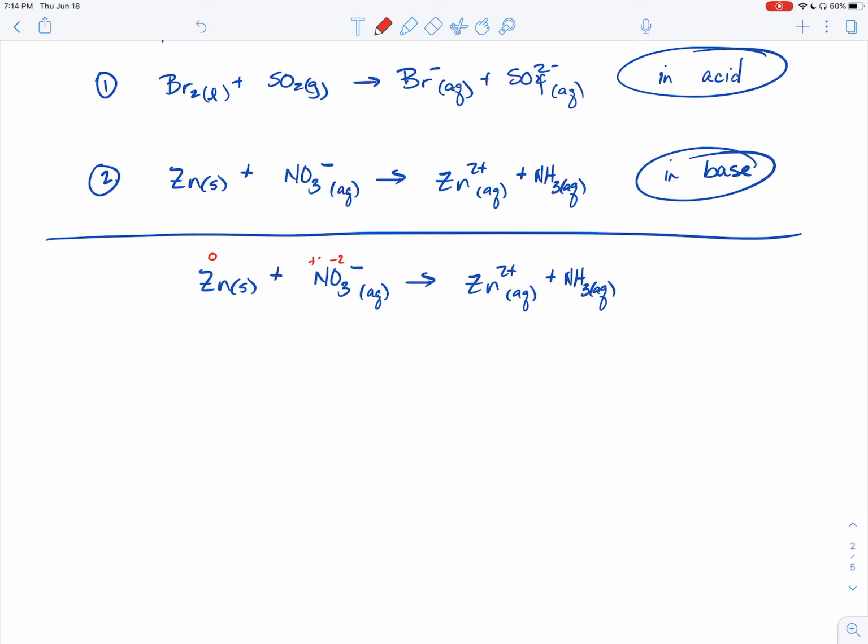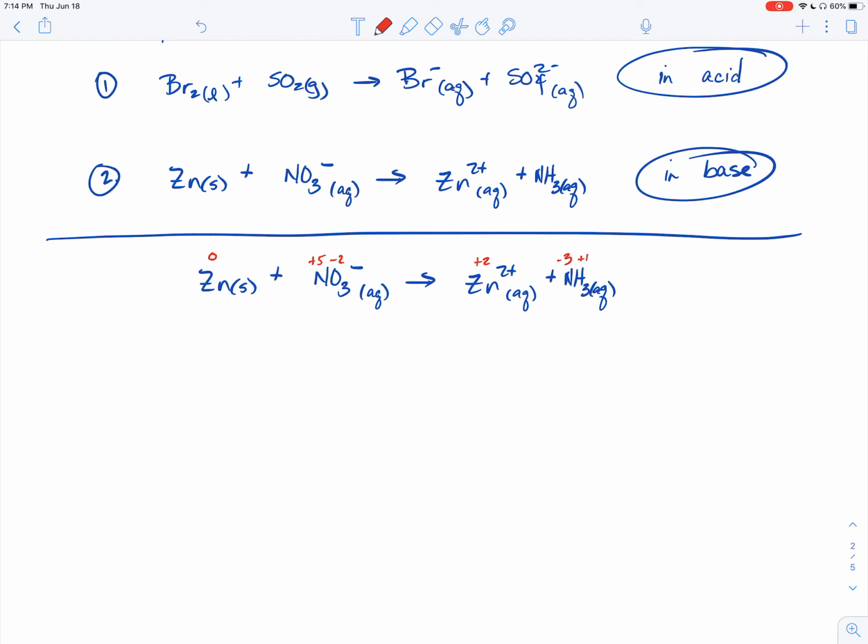This is going to give our nitrogen a +5. Zinc is already your +2. And hydrogen over here is +1. This is one weird time in which a substance has the cation written second and the anion written first. Oops, I'm sorry. That should be -3.